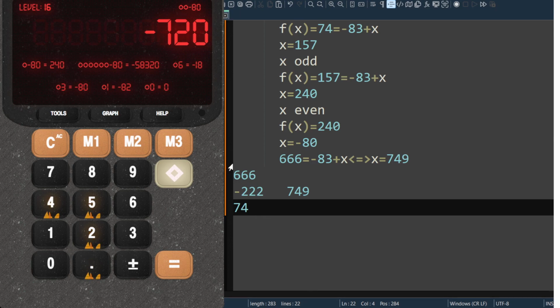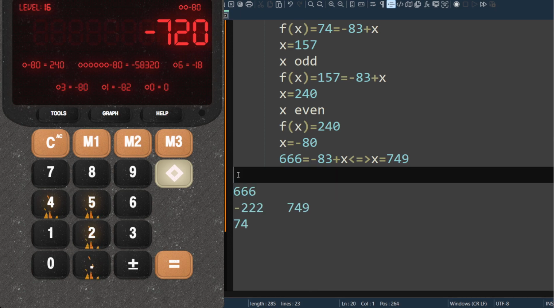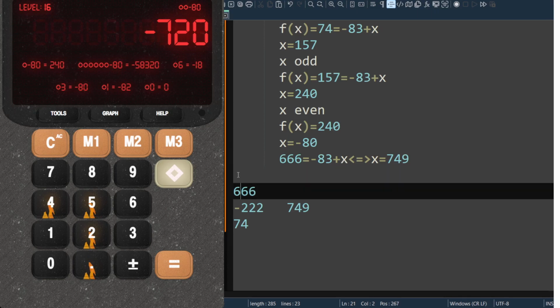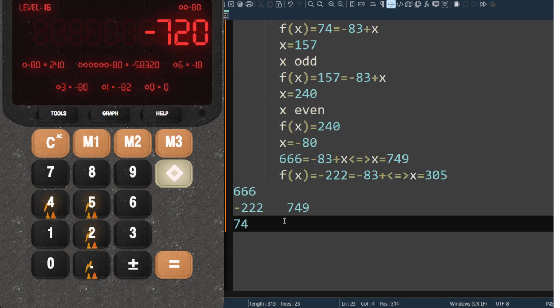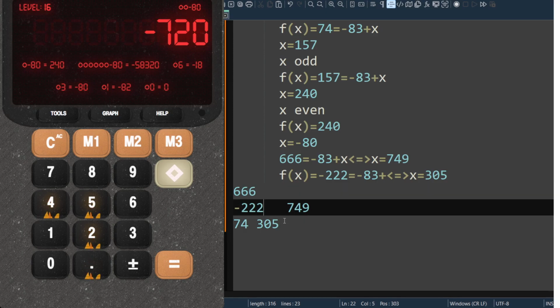And the odd solution would have been f of x equals minus 222 equals minus 83 plus x, which is equivalent to x equaling 305, which still fits the scheme.